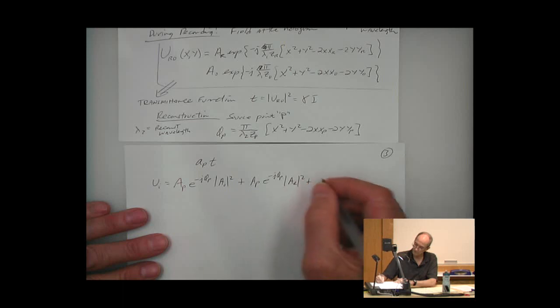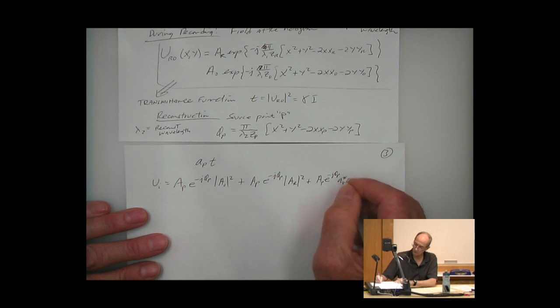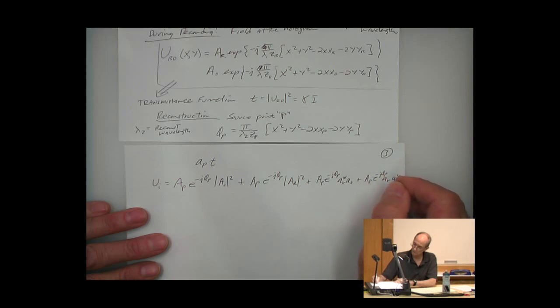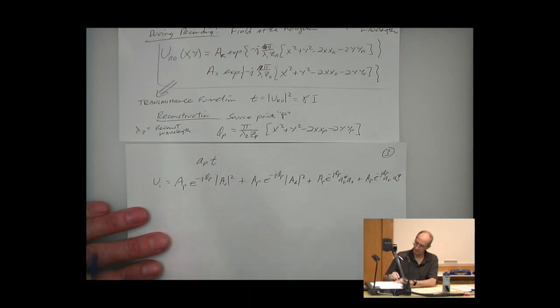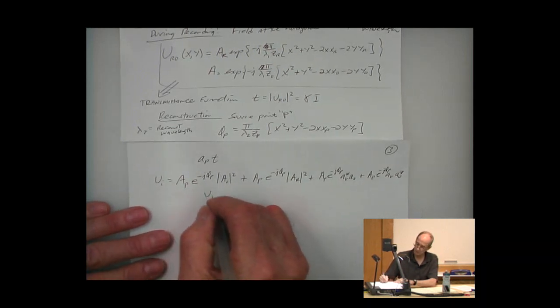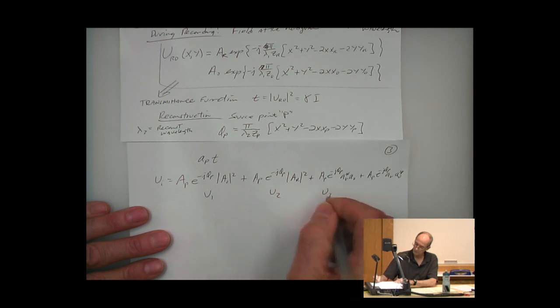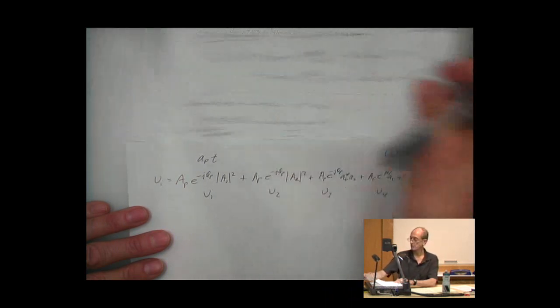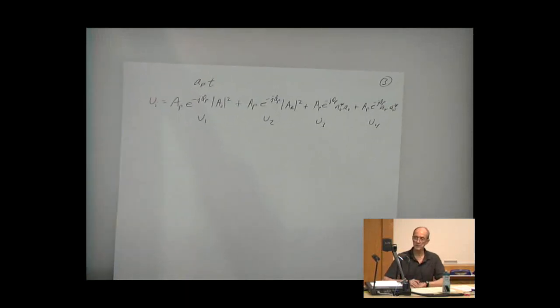And then we have the terms of real interest here: A_P times e to the minus j phi p times A_R star A_O, and then A_P e to the minus j phi p A_R A_O star. So here's U1, U2, U3, and U4. Those are the 4 fields that are reconstructed during the illumination in the reconstruction phase.